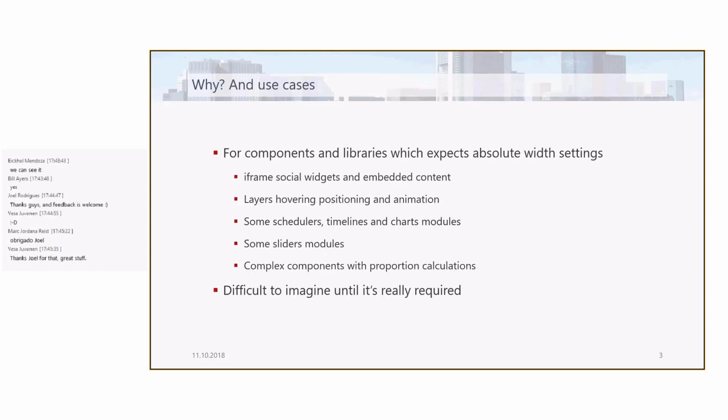Before diving into code, let me briefly elaborate on when and why we ever need this. Not saying any names, but some models in the wild just expect absolute values.